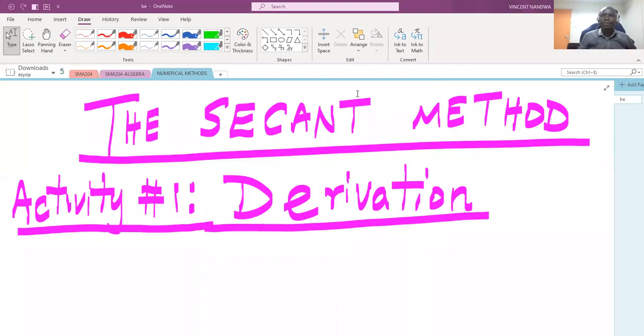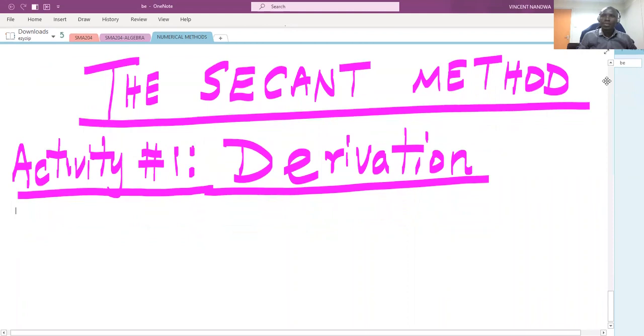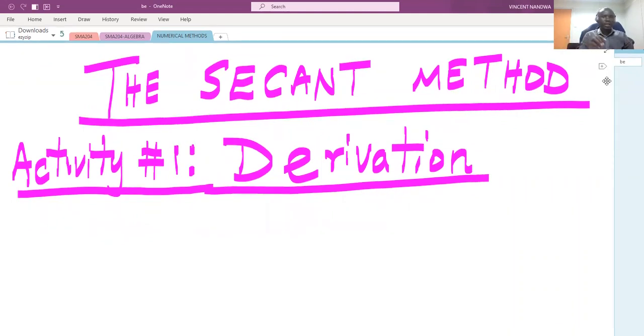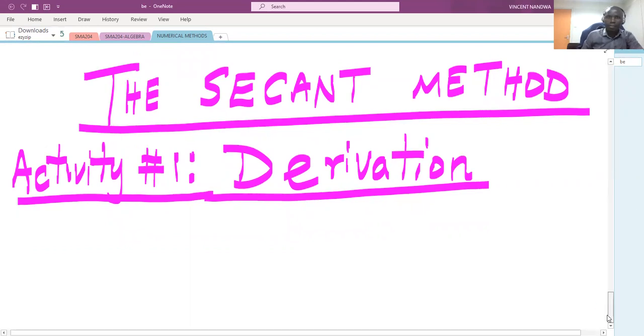So let's go into the class. Remember, a secant is any line passing through 2 points of a curve. So this is how we derive the method.